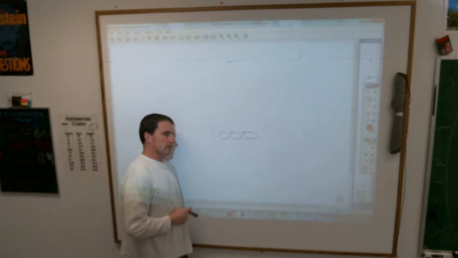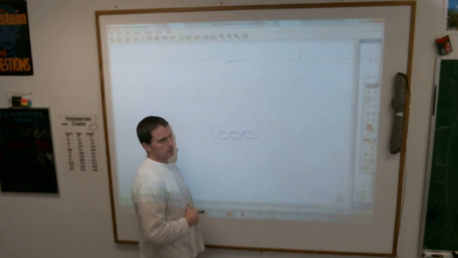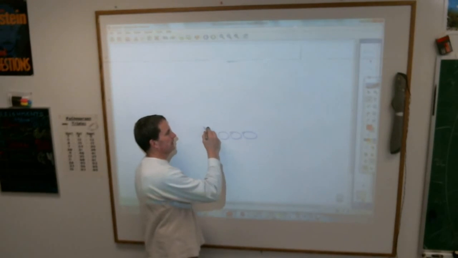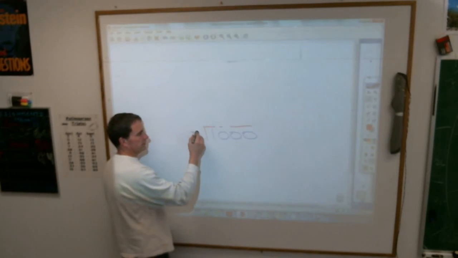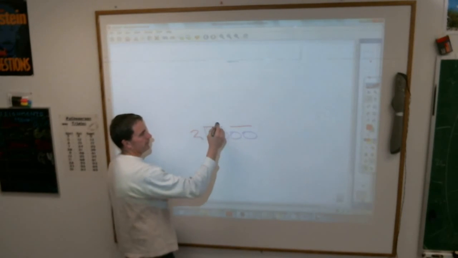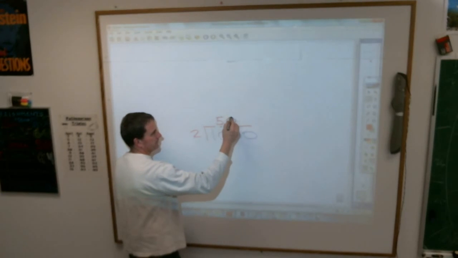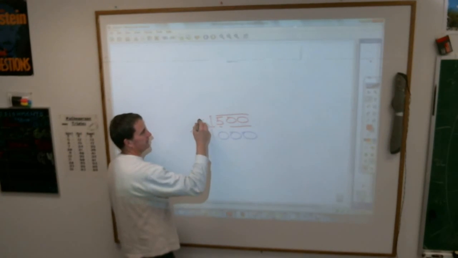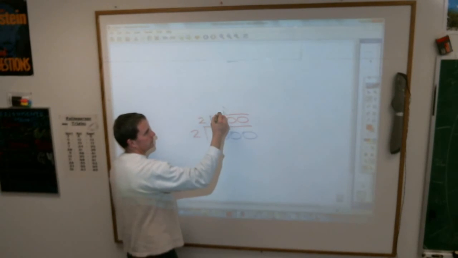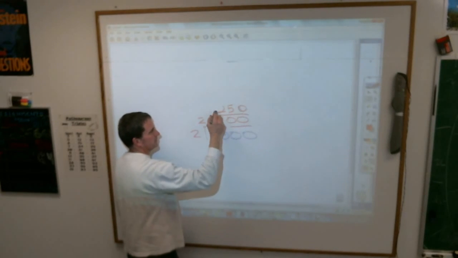What did we end up with? Faith? 2 times 2 times 2 times 5 times 5. Let's see. If it's an even number, I would always use 2 because it's usually easy to cut numbers in half. Half of 1,000 is 500. Another even number, so again I cut it in half. Half of 500 is 250. Another even number.